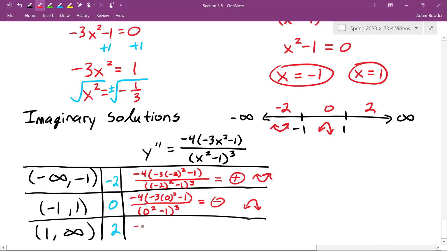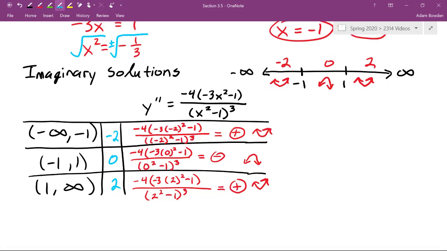And then lastly, if we plug in 2, we just have to calculate it out, which in this case is now going to be back to a positive again, concave up. Now one thing we may think about are these two numbers here. In the past, we were calling these inflection points, right? Because that's where it changes from concave one way to the other.